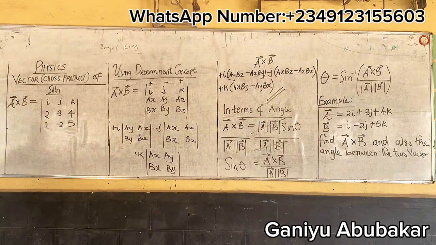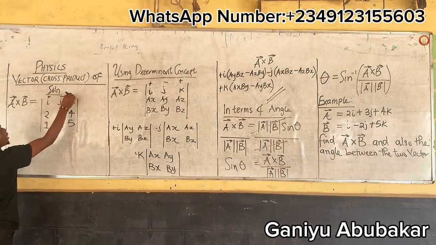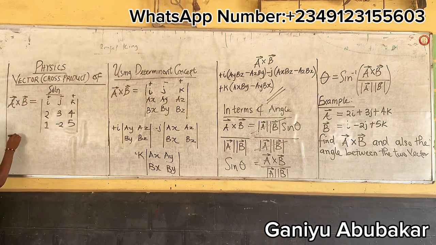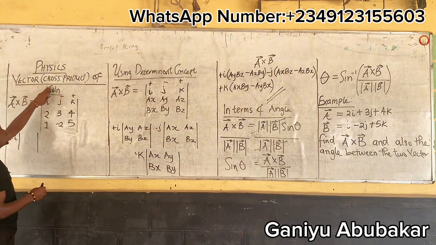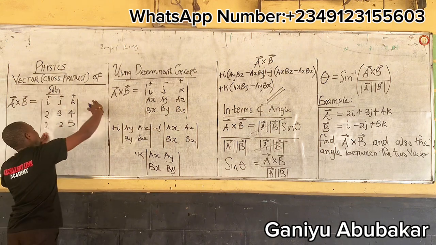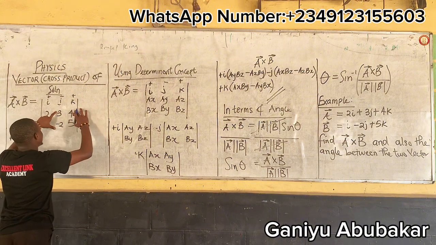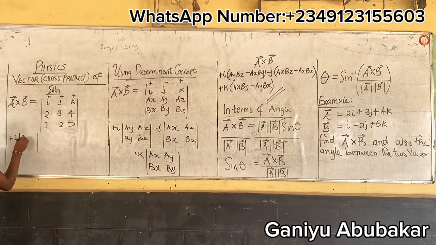From here, what next? We said introduce your signs: plus, minus, plus. Start with plus i. If I cover the row and column of i, I'll have 3, 4, minus 2 and 5. That's plus i.